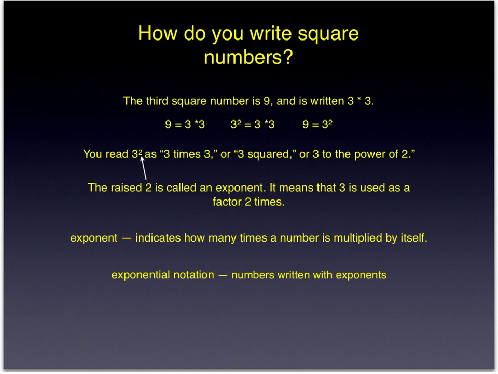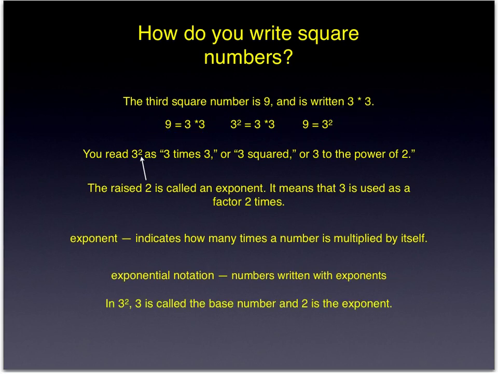So this is standard notation: 9 equals 3 times 3. But this, since there is that exponent right there, 9 equals 3 squared, is called exponential notation. So, numbers written with exponents. Oh, Mr. Shanto forgot a period after exponents. There we go. Now he's got it.